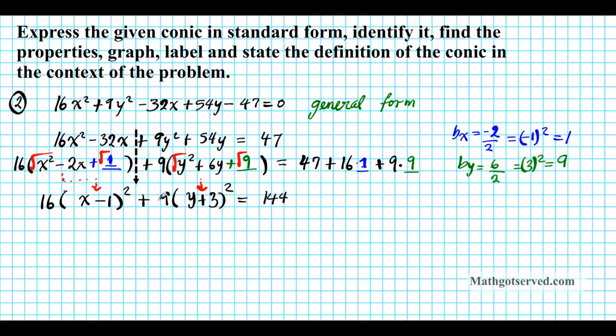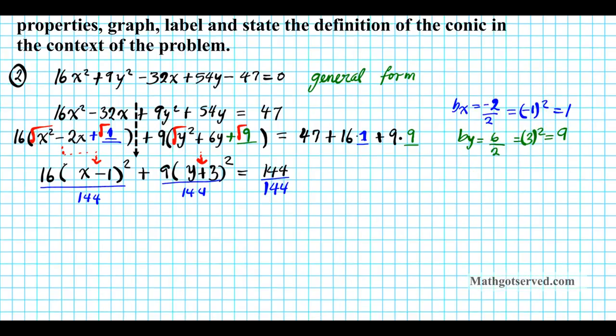Now to place our ellipse in standard form, we have to set this equal to 1 and also address these constants in front of the squared quantities. They shouldn't be there. So let's deal with this side first. We divide the entire equation by 144. Now let's reduce that. 16 goes into itself once and goes into 144 9 times. So here, 9 times.